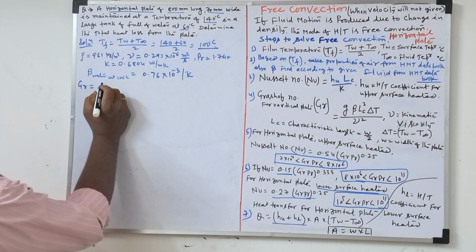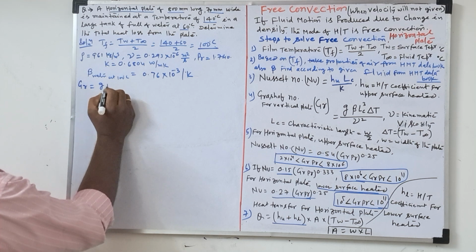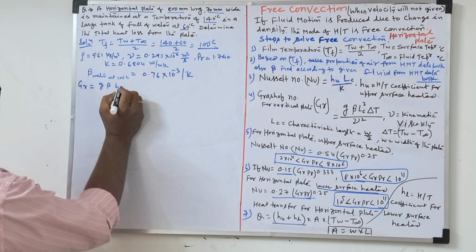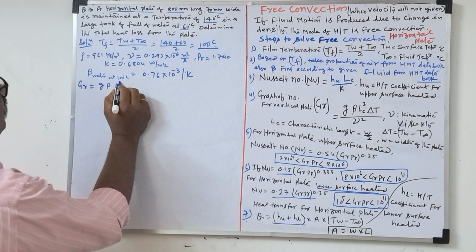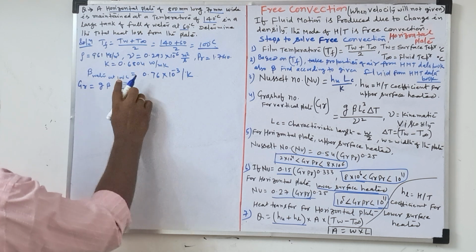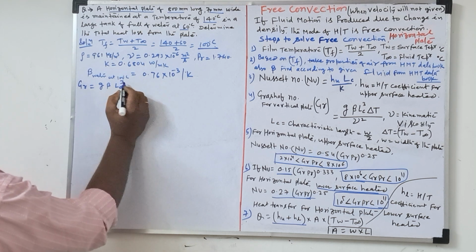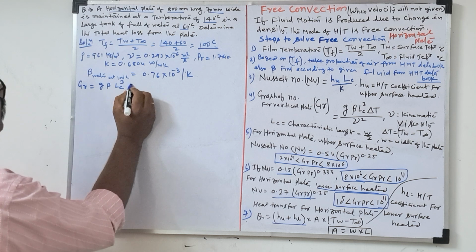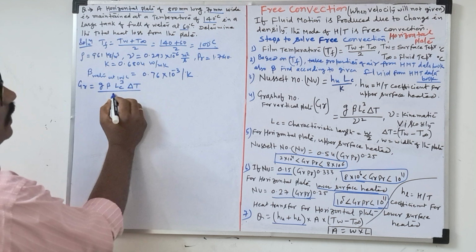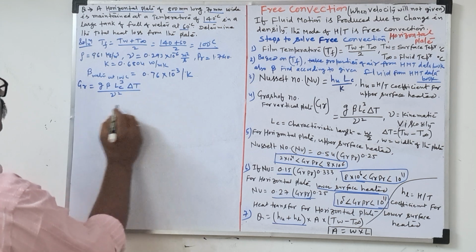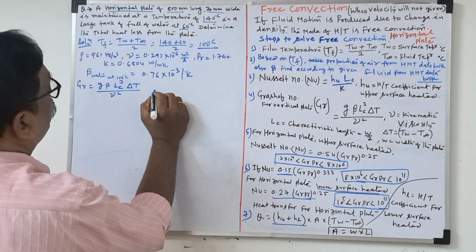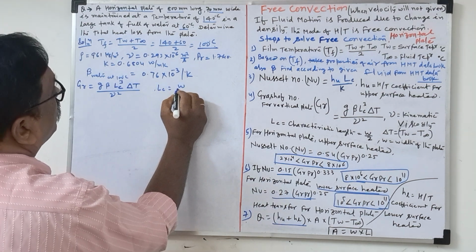The Grashof number is the same: g beta LC cubed into delta T, that is the temperature difference, divided by kinematic viscosity whole squared, where LC, the characteristic length, is nothing but width by 2.